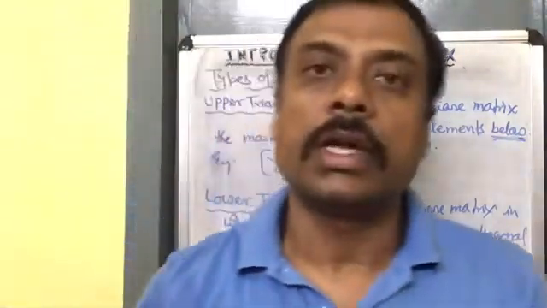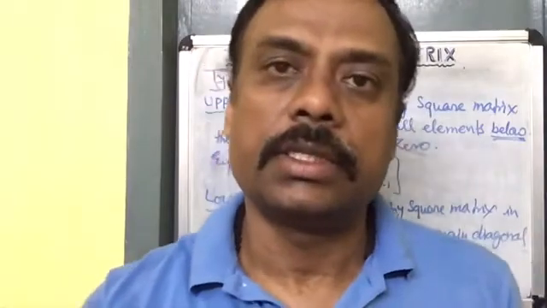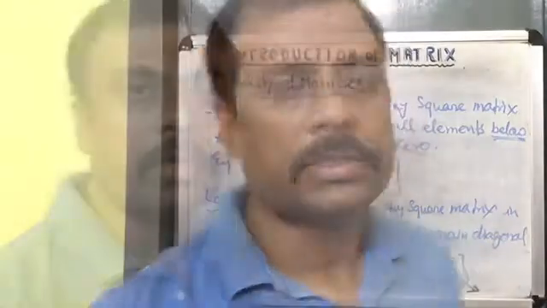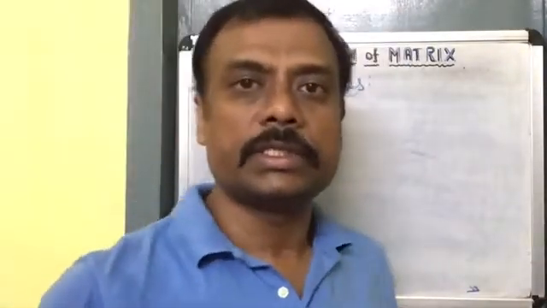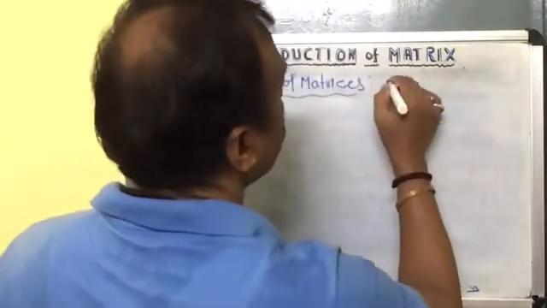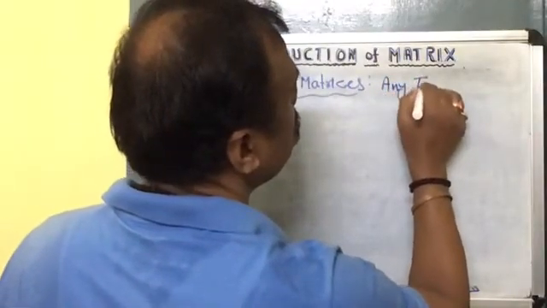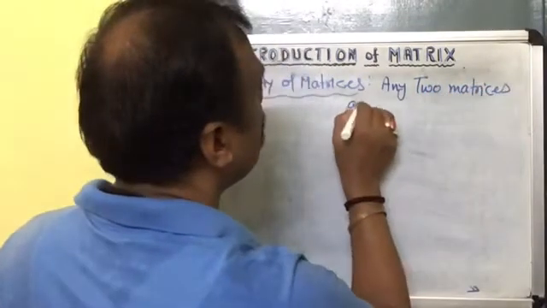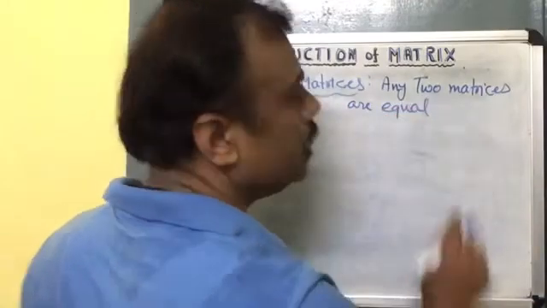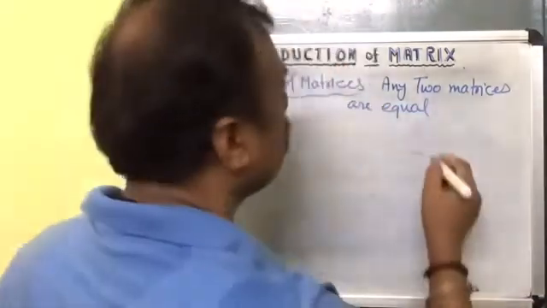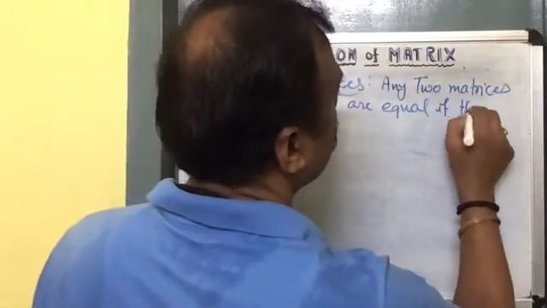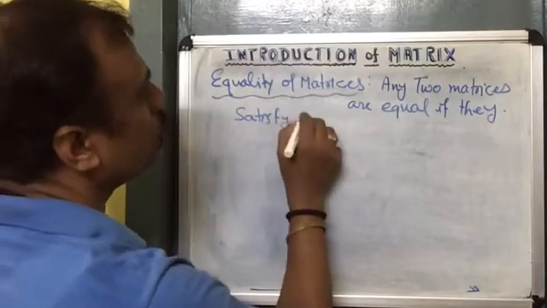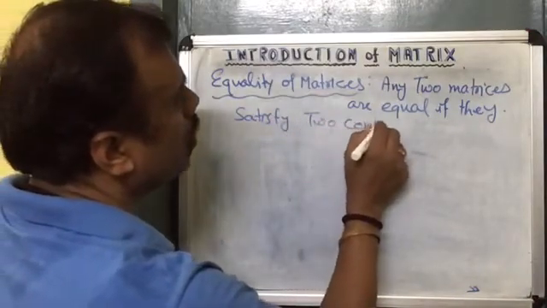Okay, now let us go to another topic related to matrices, that is equality of matrices. What is the meaning of equality of matrices? When will we say that two matrices are equal? Any two matrices are equal if they satisfy two conditions. What are those conditions?